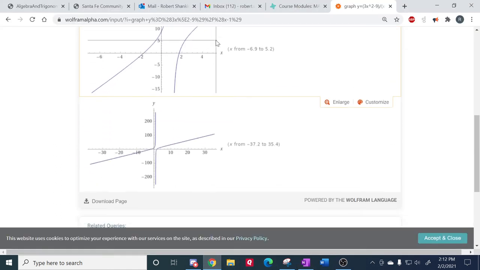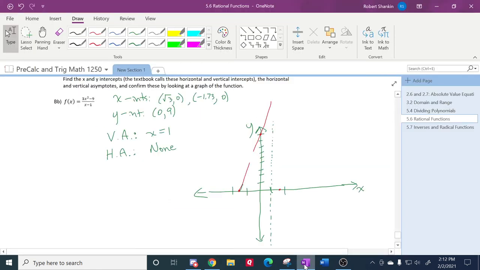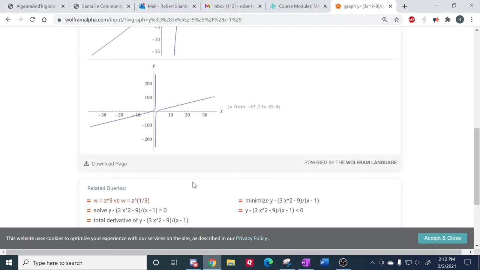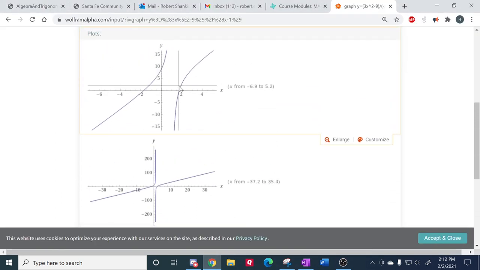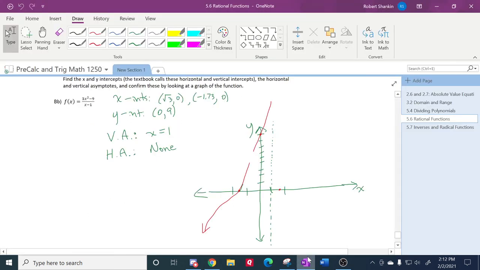It kind of goes up and then way down. And then this one to the right, it was doing this, arching out a little bit. That. And we've got it.